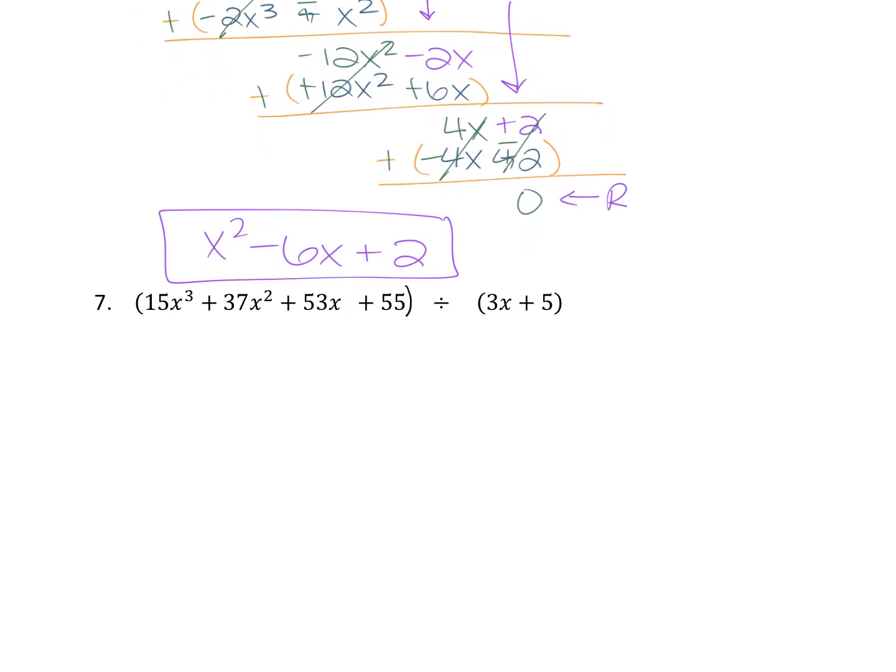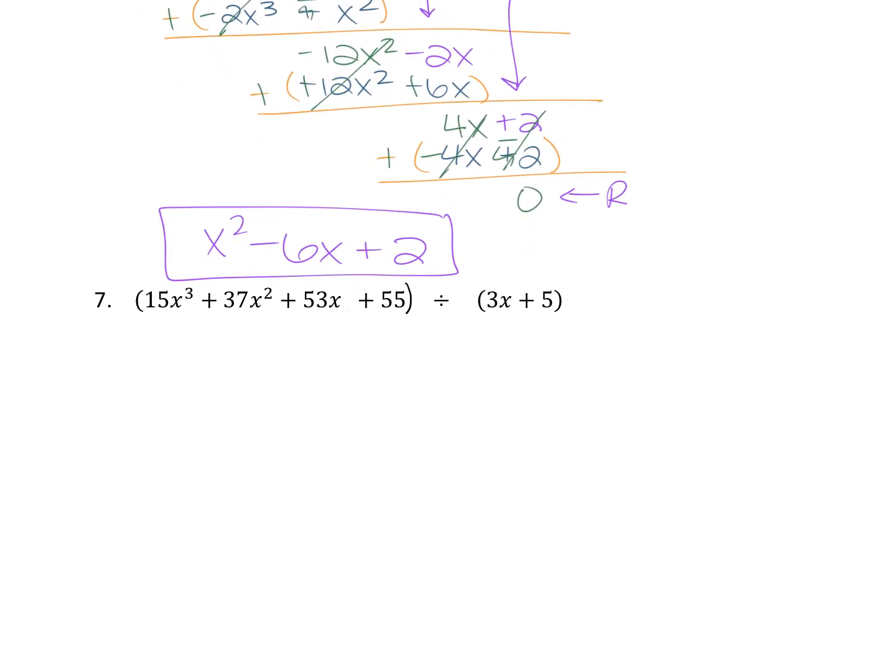For number 7, you have 15x cubed plus 37x squared plus 53x plus 55 divided by 3x plus 5. All of your powers from 3 to 0 are represented, and all of your powers in 3x plus 5 are represented. So we're going to put that 3x plus 5 on the outside.